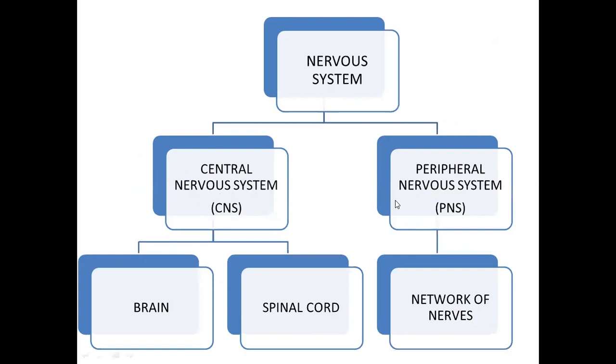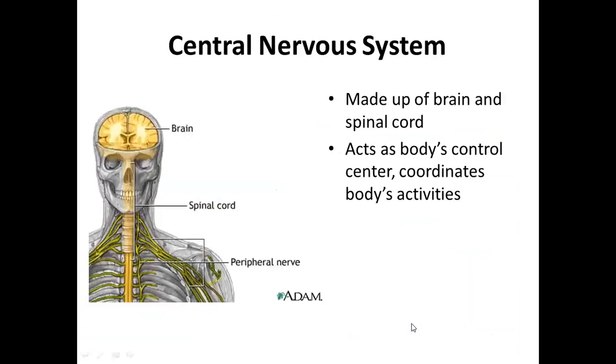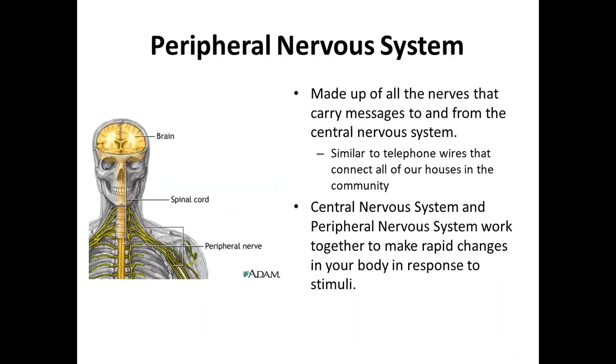The nervous system is divided into central and peripheral nervous system. The central nervous system was composed of brain and spinal cord, whereas the peripheral nervous system was composed of a network of nerves. The central nervous system, made up of brain and spinal cord, acts as the core body center.